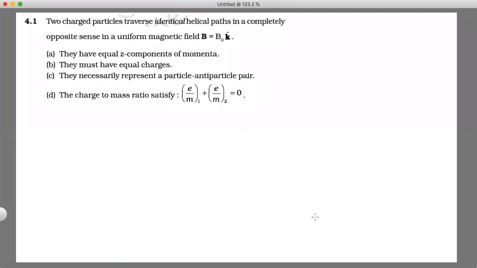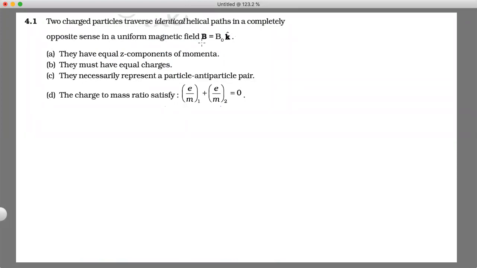So let's do a few questions based on this information, and that will help you remember a few of these concepts. Two charged particles traverse identical helical paths in a completely opposite sense in magnetic field B equal to B0 k cap.